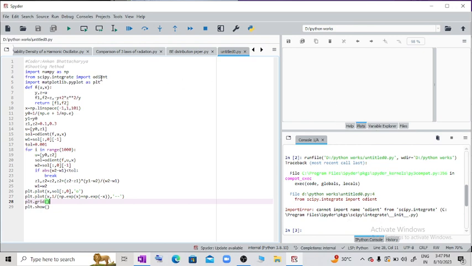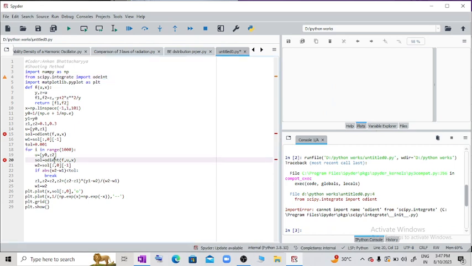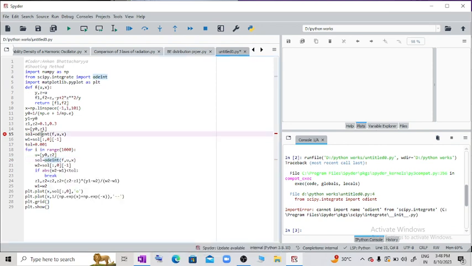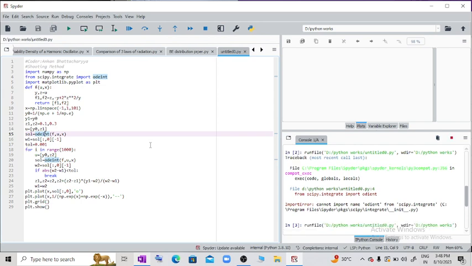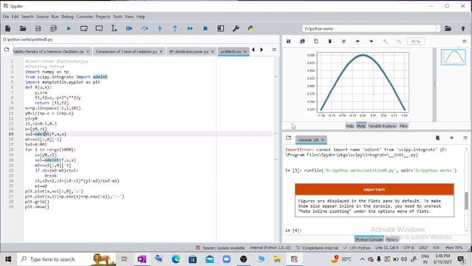So here also. Yes, I think now this is right. Yes, here I am able to obtain the solution.